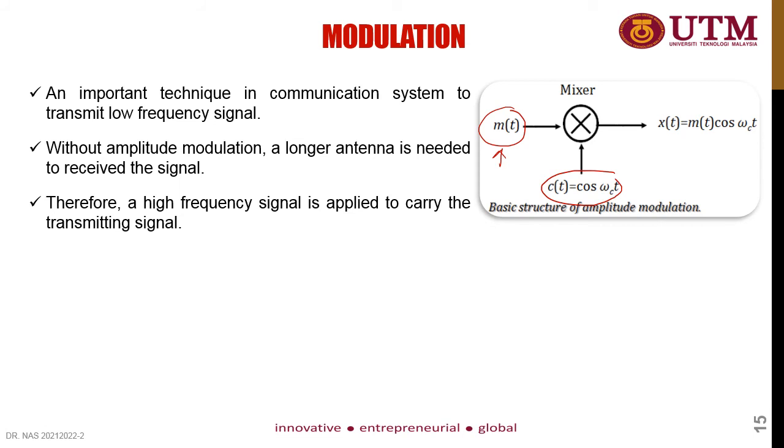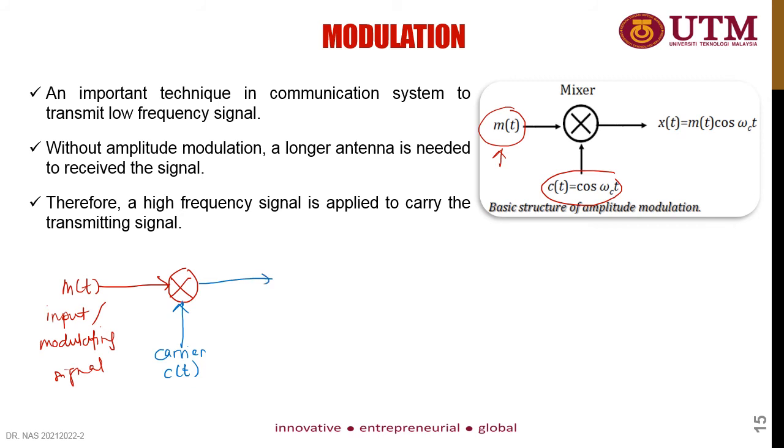For a complete communication system, for example, you have an input signal m(t). This is the input, also known as the modulating signal. The input signal will modulate the carrier signal c(t), in order to get the output signal, in this case x(t).